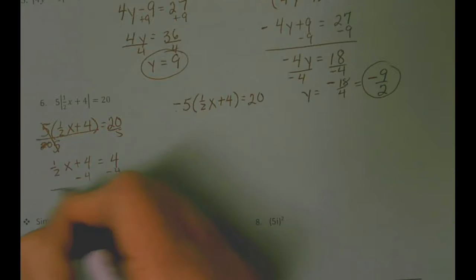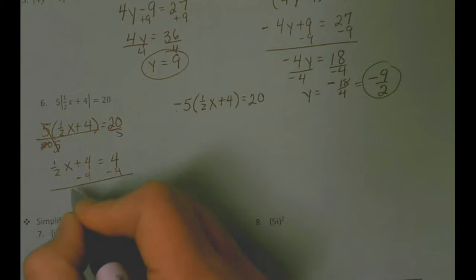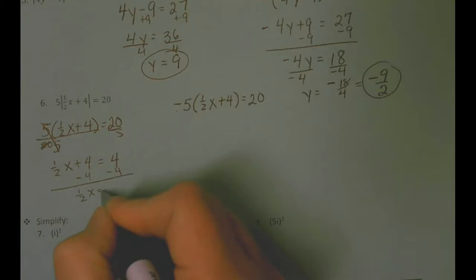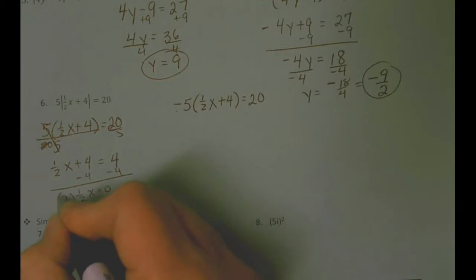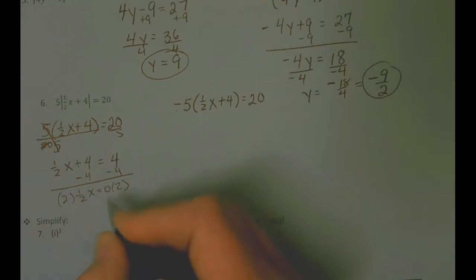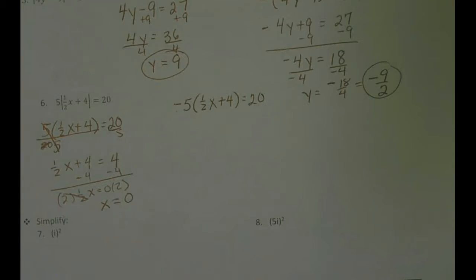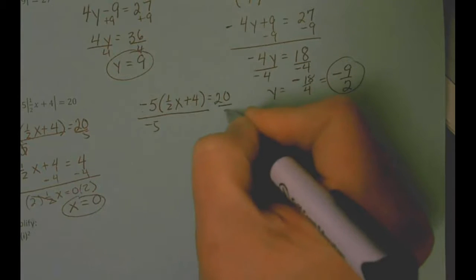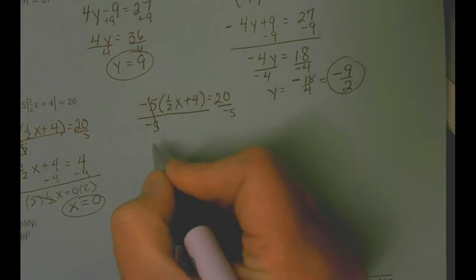Divide both sides, subtract the 4 from both sides, multiply by 2 to cancel out the 2, and x equals 0. That is case 1 answer. Divide both sides of the equation by -5 to cancel that out.